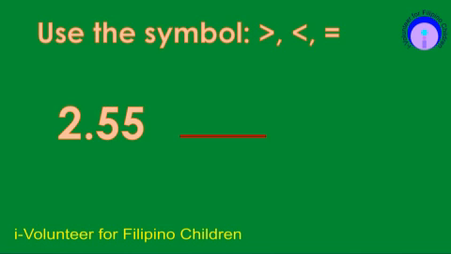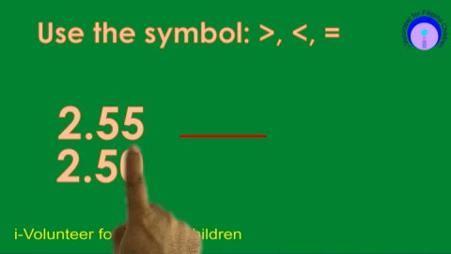Let's compare 2 and 55 hundredths and 2 and 50 hundredths. The ones digit are the same, the tenths digit are the same, while the hundredths digit are not the same. Digit 5 is greater than 0.